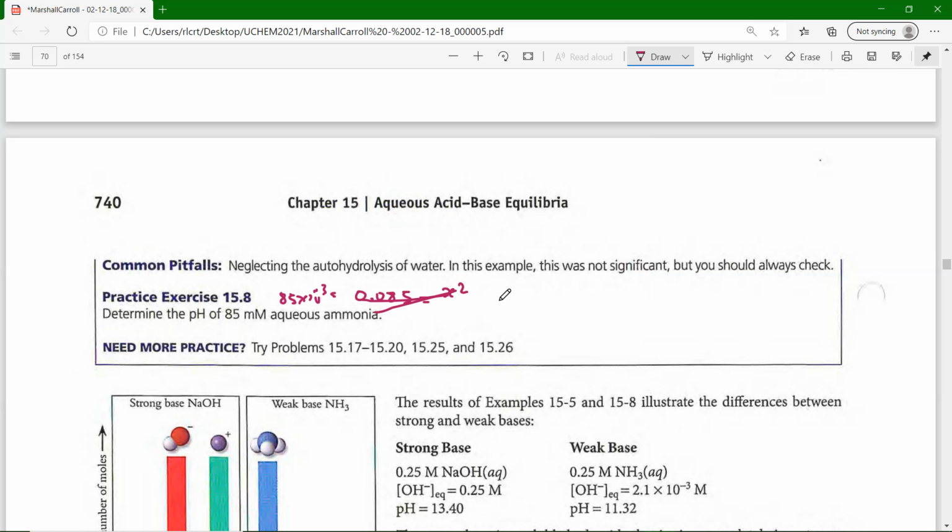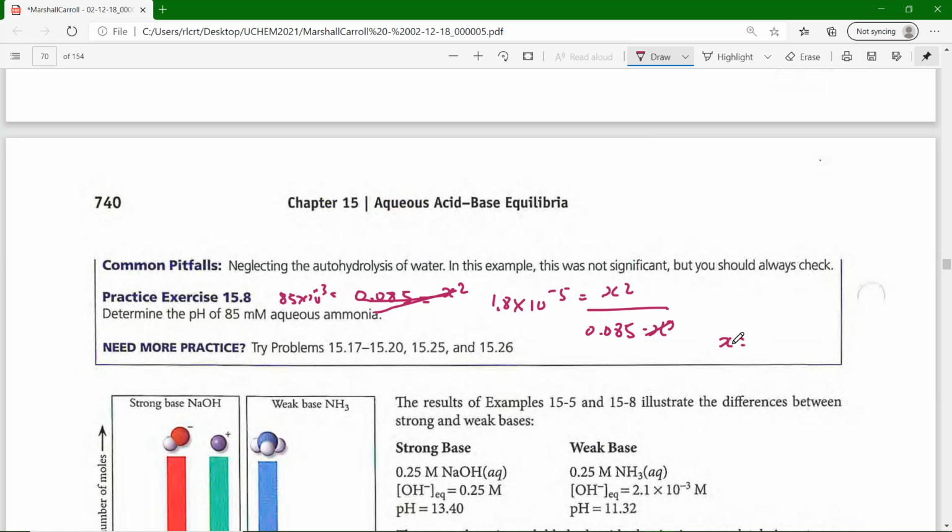Good. So my Ka is not important. My Kb, 1.8 by 10 to the minus 5, is X squared over 0.085 minus X, and I don't worry about the X in the denominator. So X is 0.085 times 1.8 by 10 to the negative 5.